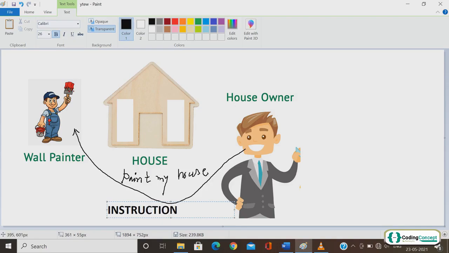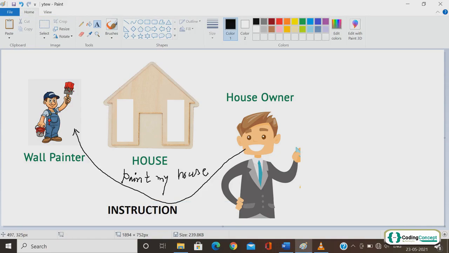Now the wall painter obviously will respond to the house owner, and the wall painter tells that he needs some materials and equipments to paint the house. So the wall painter is telling the house owner that he needs some materials as well as equipments to paint the house. So what are the materials?